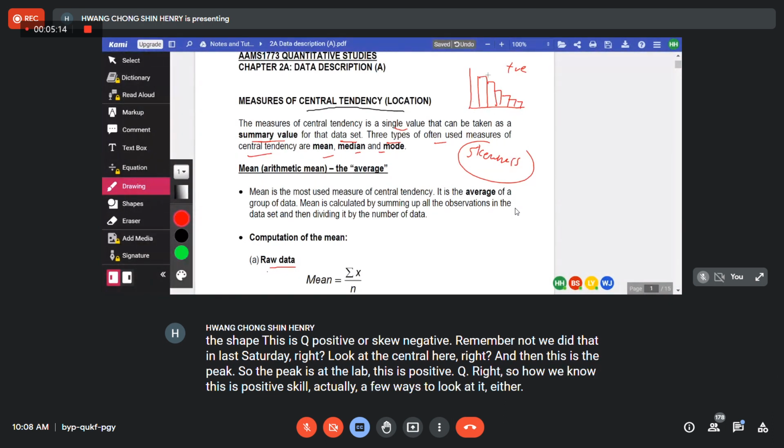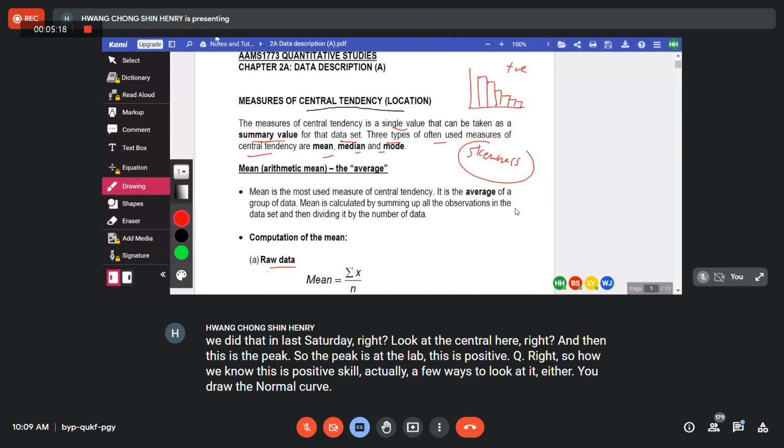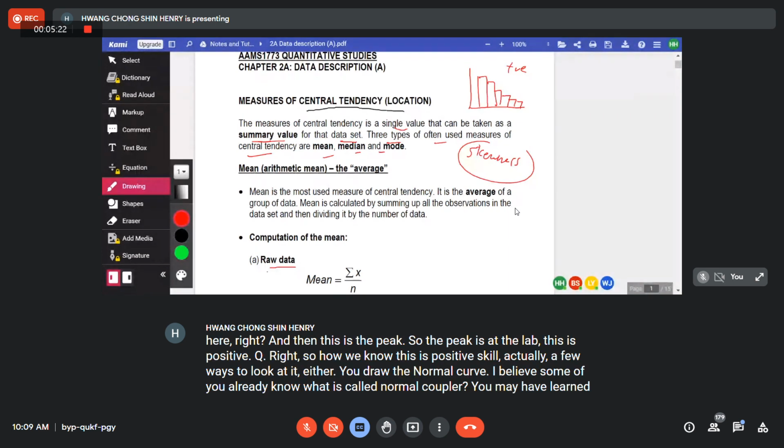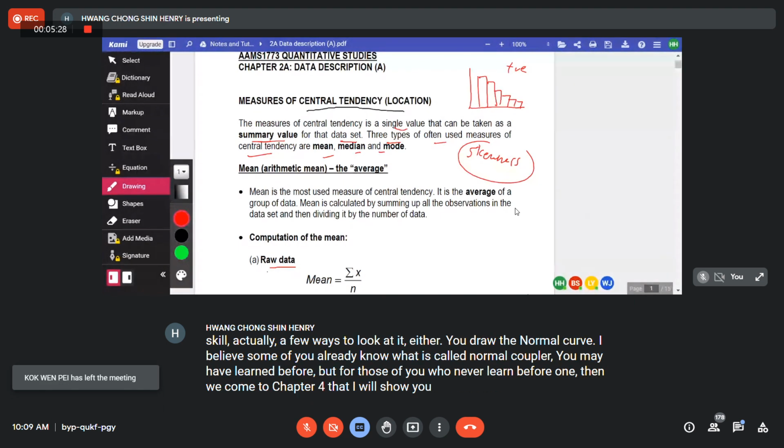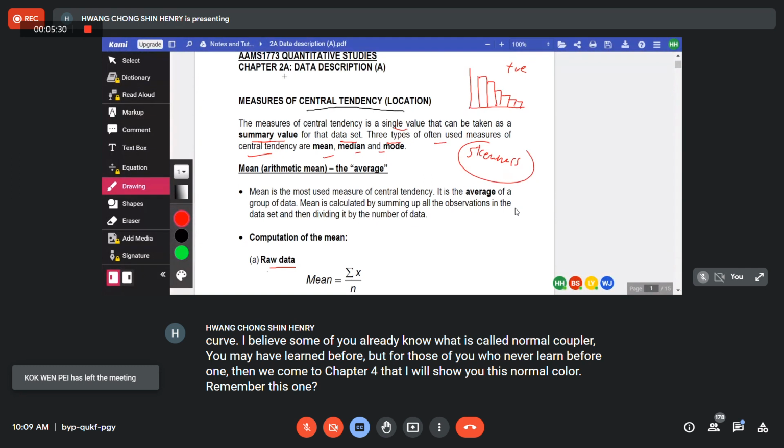Either you draw the normal curve. I believe some of you already know what a normal curve is. You may have learned it before, but for those of you who never learned it before, when we come to chapter 4, I will show you this normal curve. Remember this one? Some of you have learned this before. You draw this normal curve.